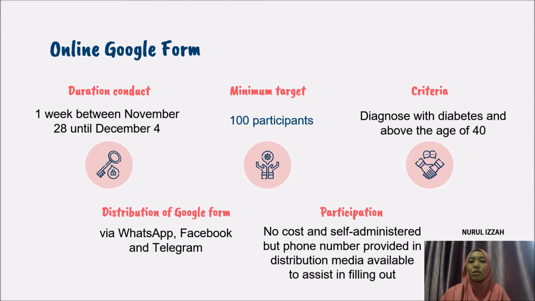However, the phone numbers of group members were available in the Google Form to assist patients in filling out the questionnaire or answering any questions or concerns regarding this online platform. The study was also written in bilingual, English and Malay.